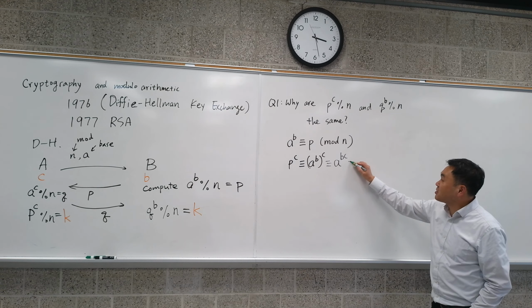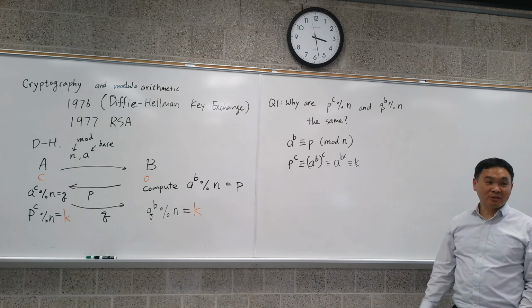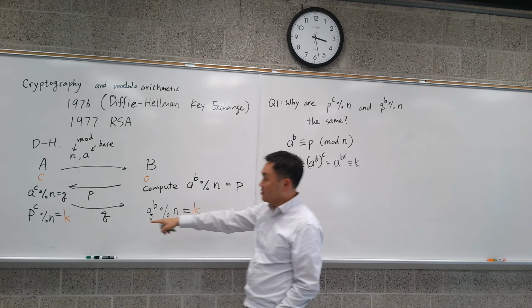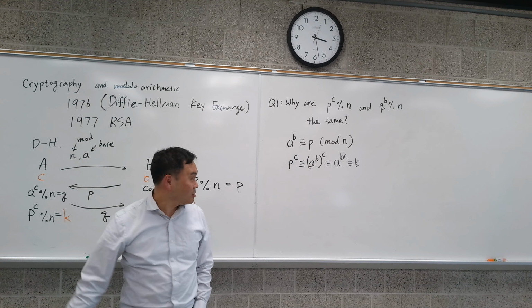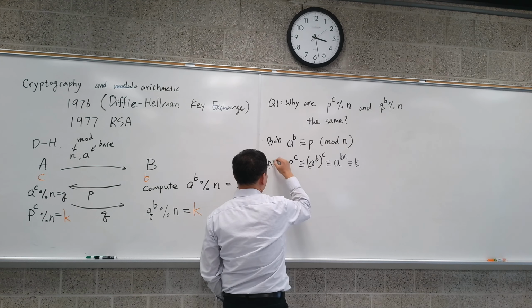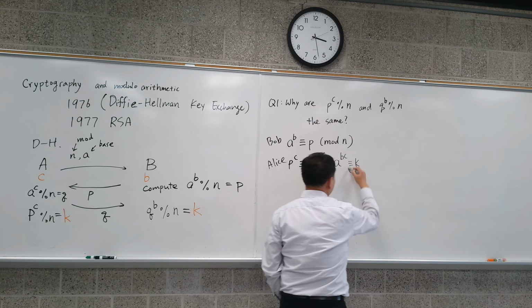And this is what the value of K would be. This is what Alice would be computing, right? So Bob does this, and Alice would get this. And Alice would have K.